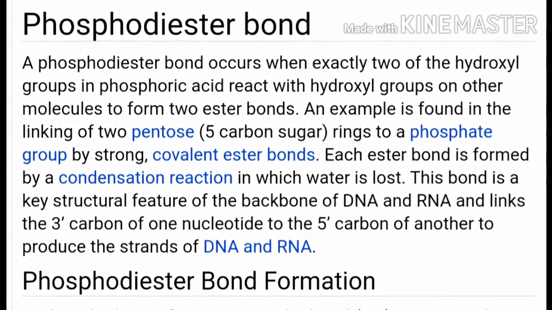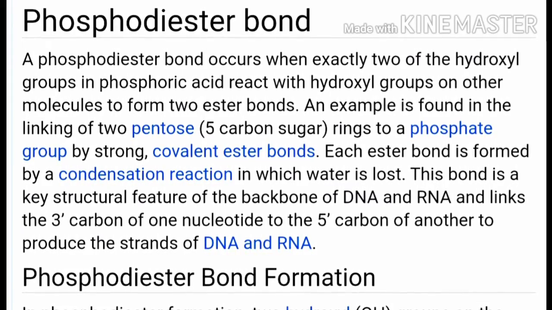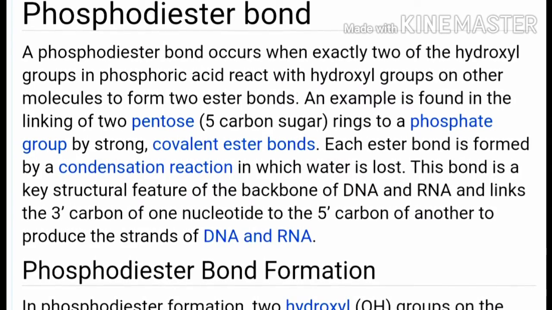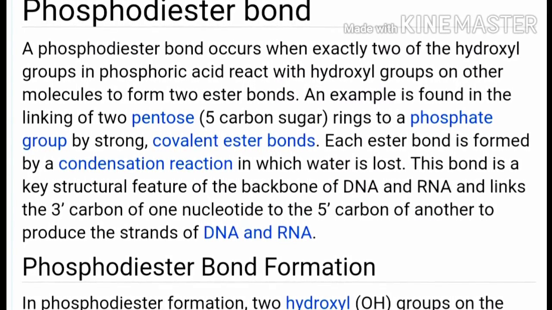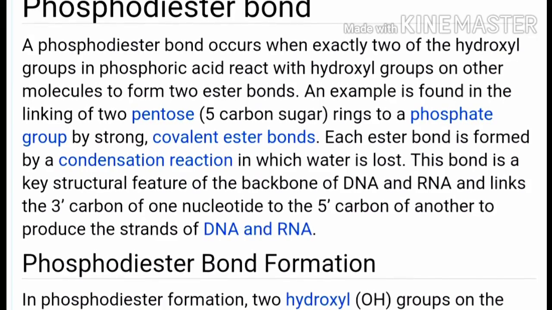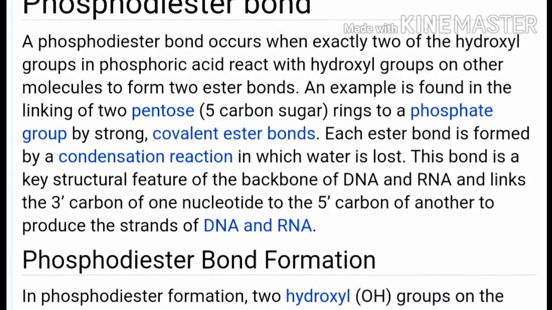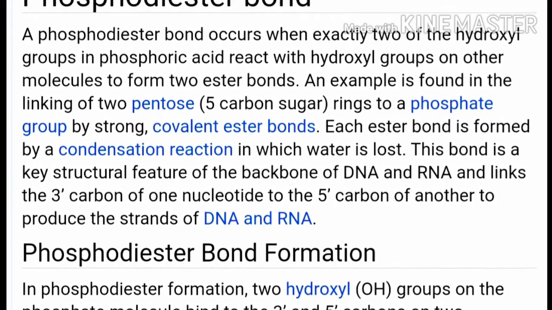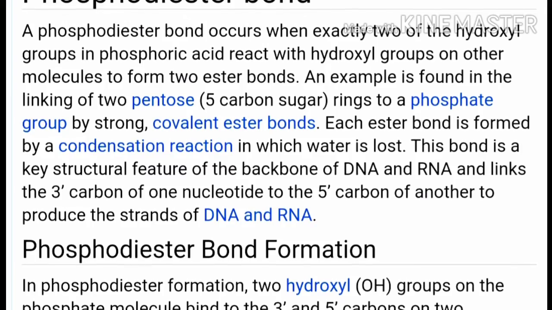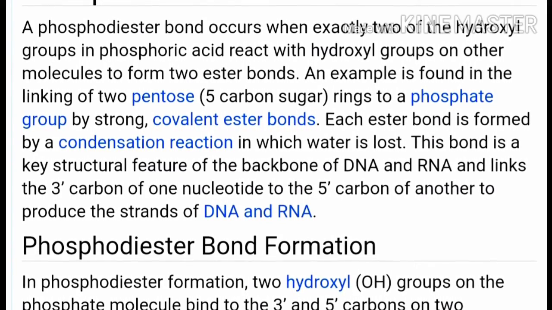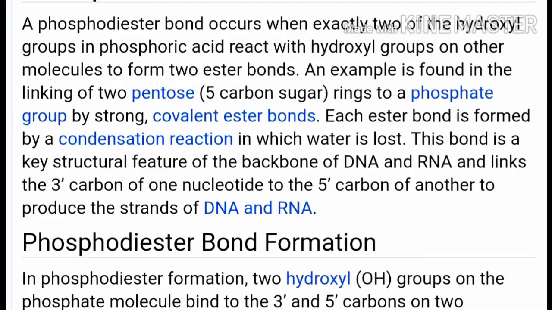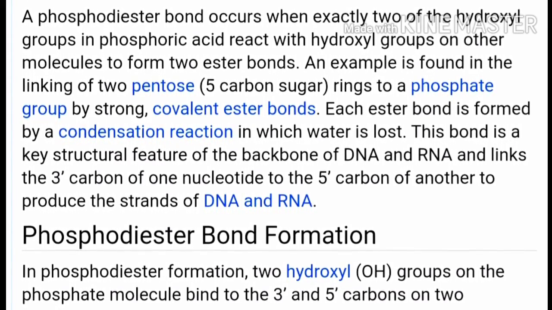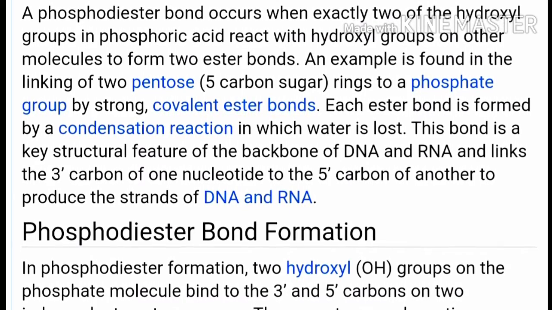Next, what is phosphodiester bond? A phosphodiester bond occurs when exactly 2 of the hydroxyl groups in phosphoric acid react with hydroxyl groups on other molecules to form 2 ester bonds. An example is found in the linking of 2 pentose rings to a phosphate group by strong covalent ester bonds.